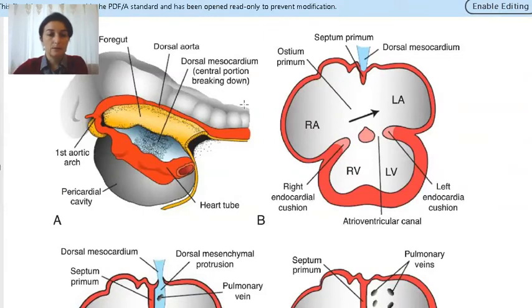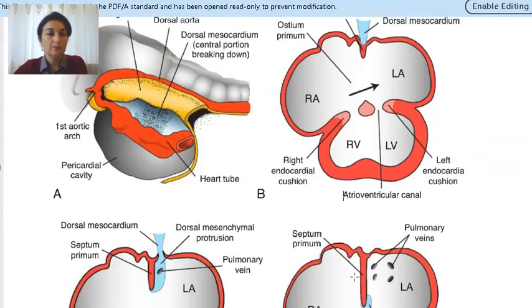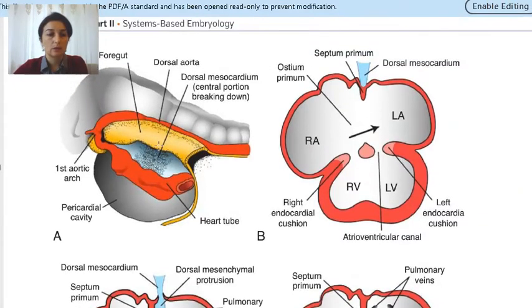And in this one we are looking at how the endocardial tube becomes bulged into the pericardial cavity, and here we can see the foregut, and here the neural tube, then the foregut, and the endocardial tube, the initial endocardial tube.